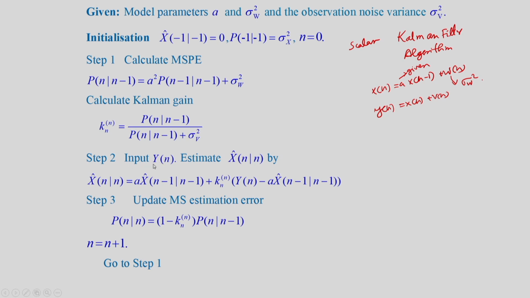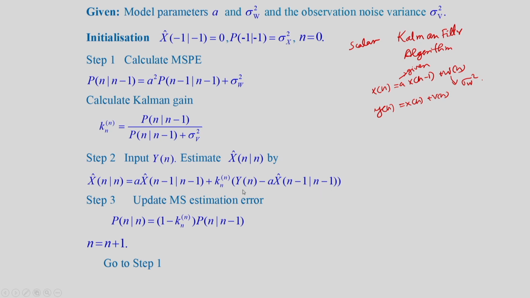Now, we will take the input y_n. Now, we can estimate x hat(n|n) by this relationship: x hat(n|n) is equal to a times x hat(n-1|n-1), that is the estimator at instant n-1 multiplied by a, plus the Kalman gain k_n into the innovation part, y_n minus a times x hat(n-1|n-1).